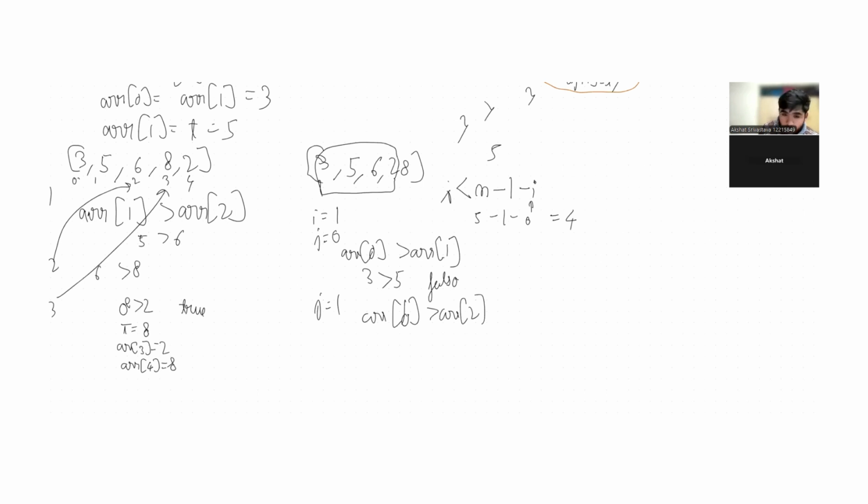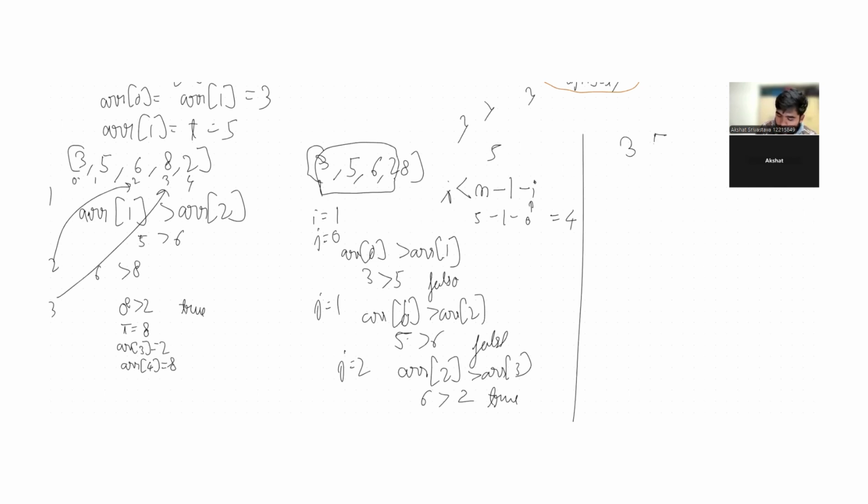For j equals 2, ARR[2] greater than ARR[3]: 6 is greater than 2, yes, true. Condition satisfied. The swap will be performed and our array will look like 3, 5, 2, 6, and 8.